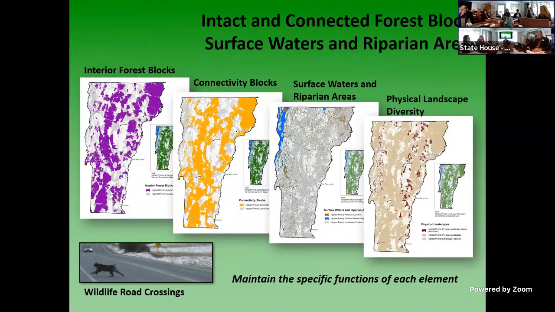All the waters are connected. They're all critical for conserving biological diversity. And so Vermont Conservation Design highlights any undeveloped section of, well, the water is obviously undeveloped, but the riparian area alongside those rivers, streams, lakes, and ponds. All of that is highest priority for maintaining biological diversity.